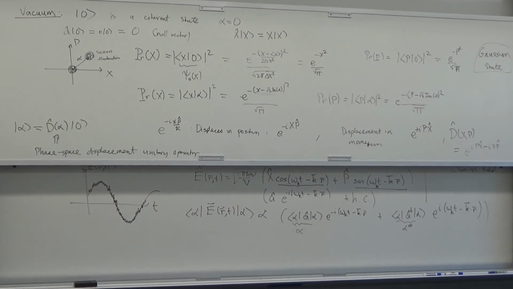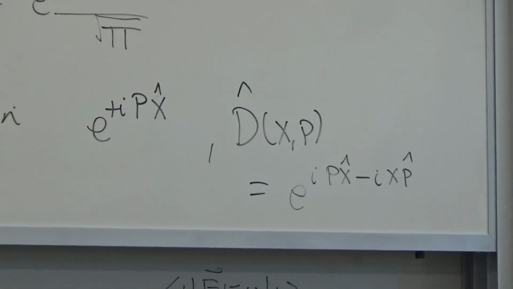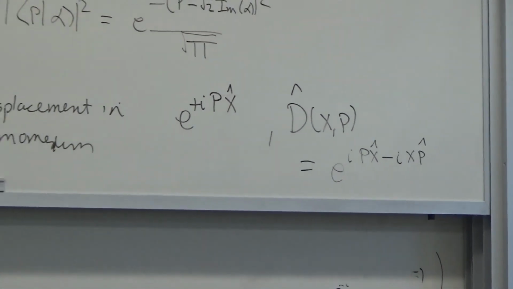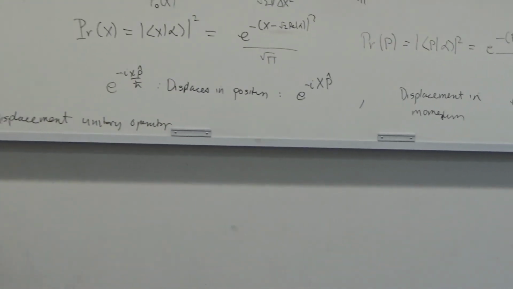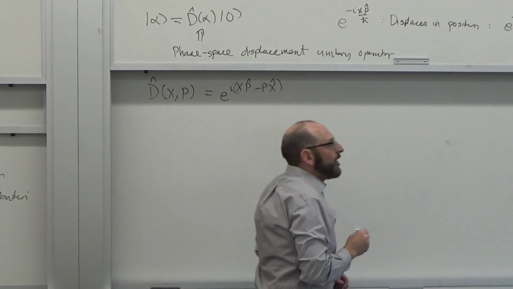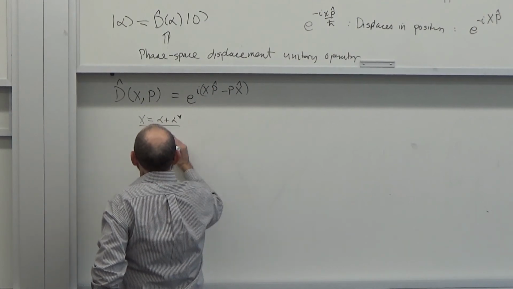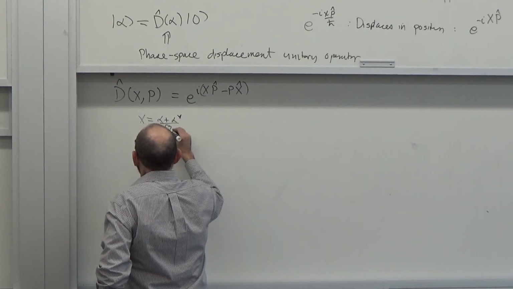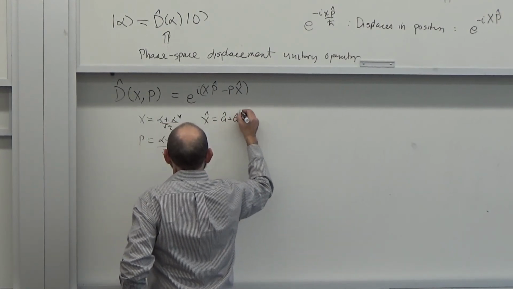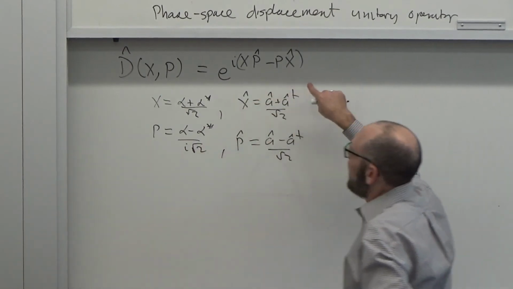Now, let's re-express that. If I plug in that x is alpha plus alpha star over root 2, p is alpha minus alpha star over i root 2, x is a plus a dagger hat, and p is a minus a dagger over root 2, I plug that into here.